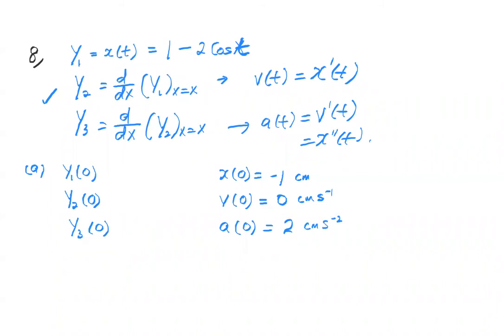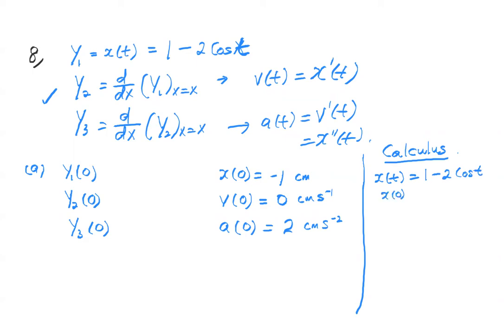Okay, now if I am using calculus, look, so my x(t) is equal to 1 minus 2 cos t, right? So x(0) will be equal to 1 minus 2 times cos 0. So 1 minus 2 cos 0 is 1.